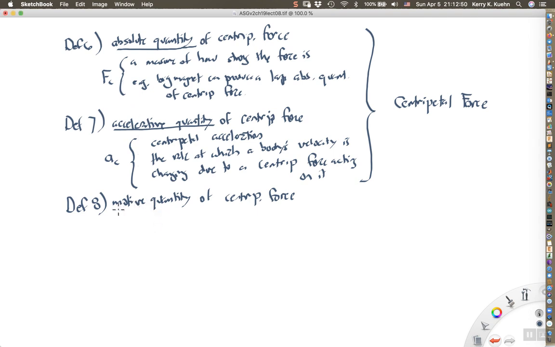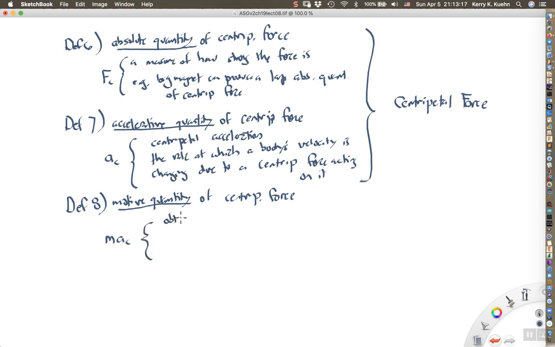Okay, and now finally, what about the motive quantity of centripetal force? He explains this as basically the same thing as the accelerative quantity, but multiplied by the quantity of matter, or what we would say the mass. So we would call this the mass times the centripetal acceleration.